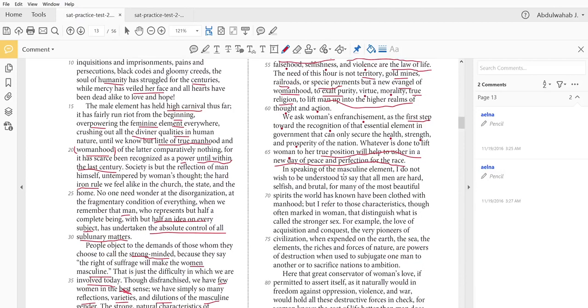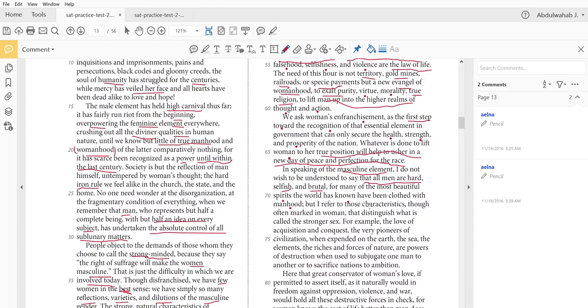Now, in speaking of the masculine element, pay attention to the use of the words masculine element. I do not wish to be understood to say that all men are hard, selfish, and brutal, for many of the most beautiful spirits the world has known have been clothed with manhood.